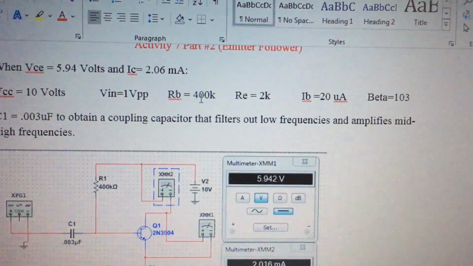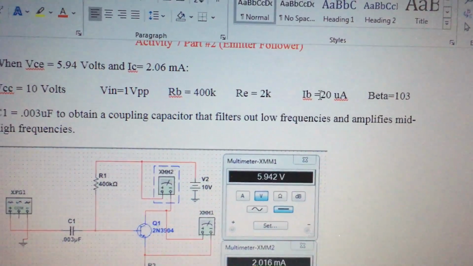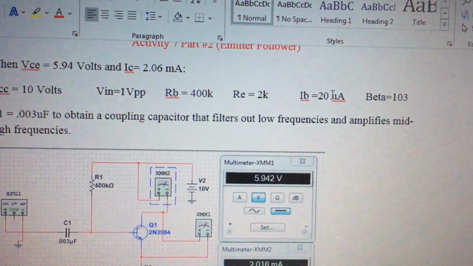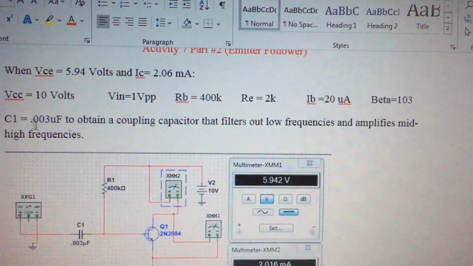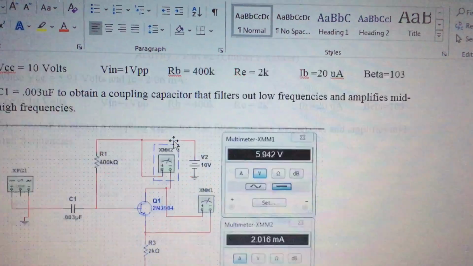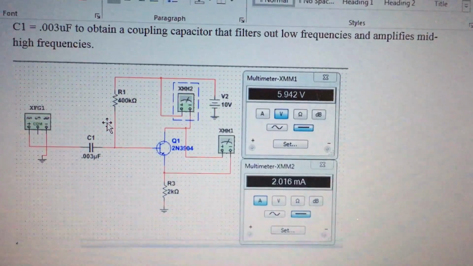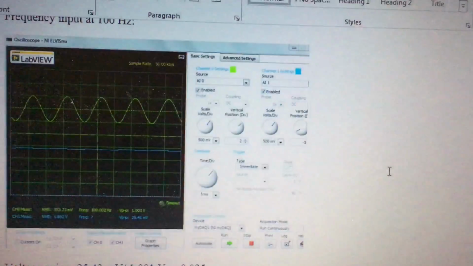Here the base resistor is 400 kilo ohms, the emitter resistor 2 kilo ohms, and the base current is 20 microamps. So beta is 103. The coupling capacitor is 0.003 microfarads again, in order to filter other frequencies and amplify mid to high frequencies. And here are the results for Multisim, which are very similar to the measured values.